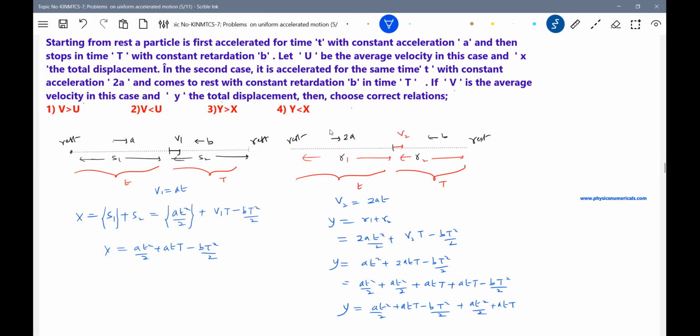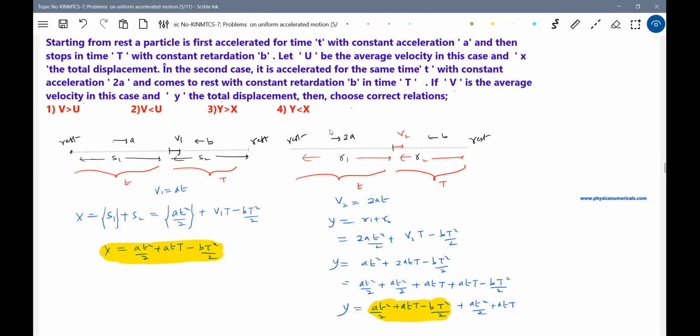Look at this quantity: a t square by 2 plus a small t capital T minus b T square by 2. I'm highlighting it. Look at that quantity here. Can you say anything about it? Can we replace this here?